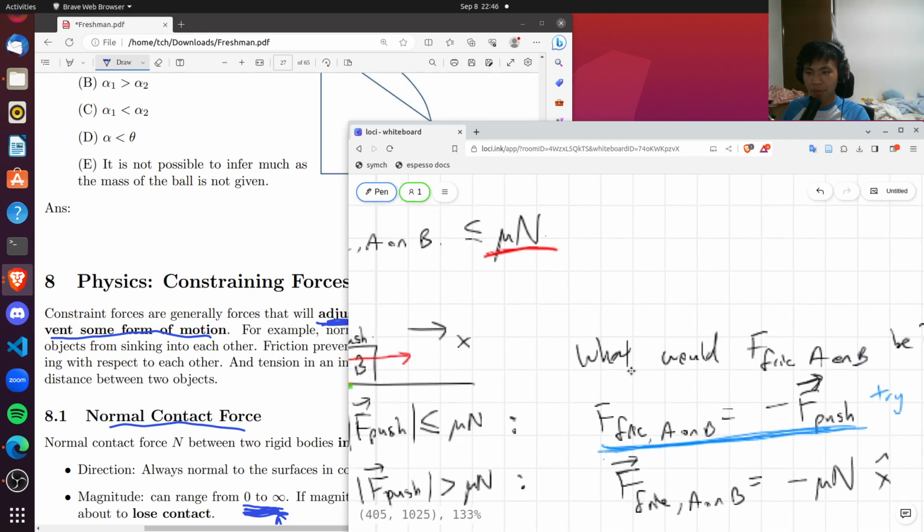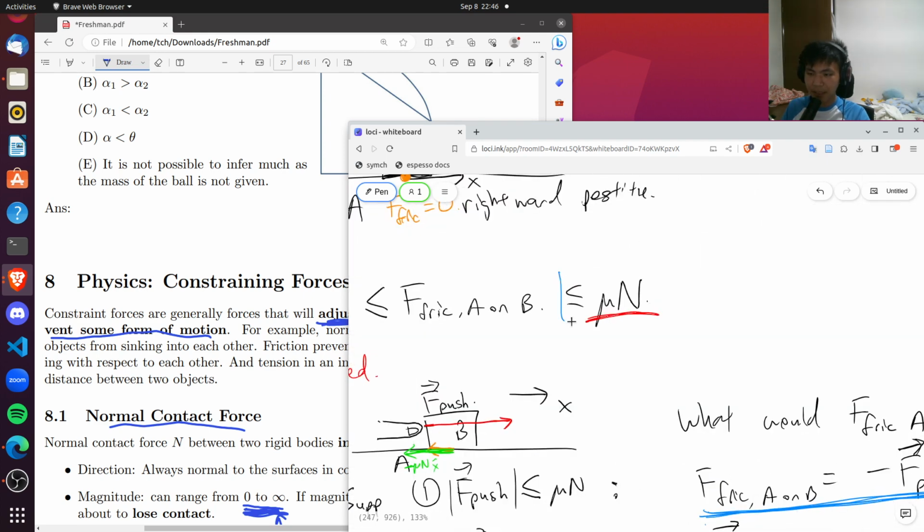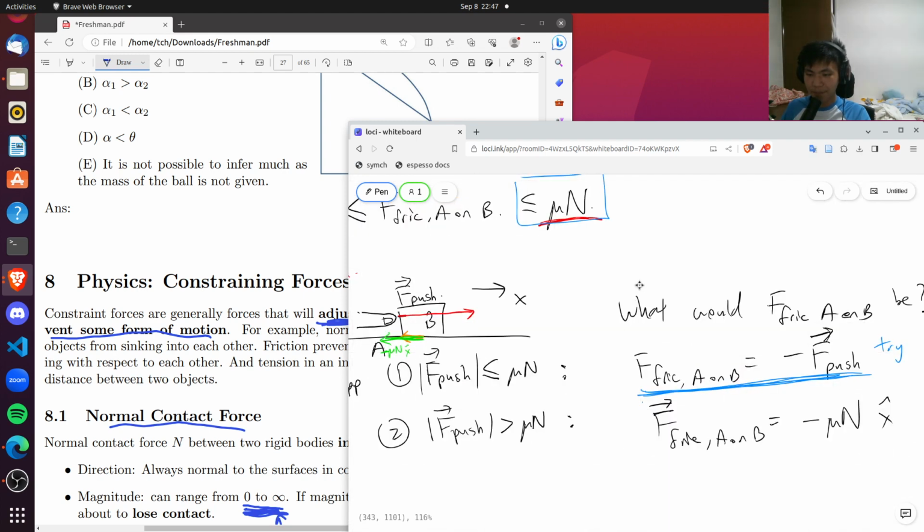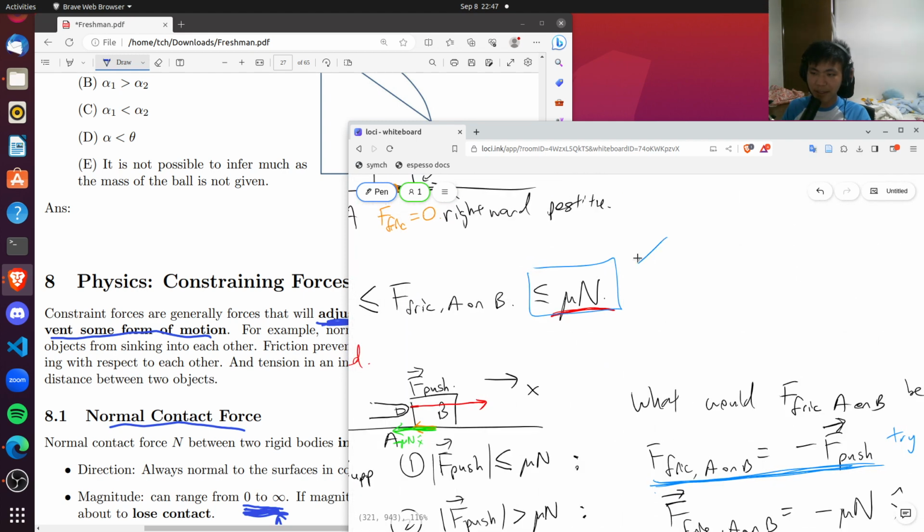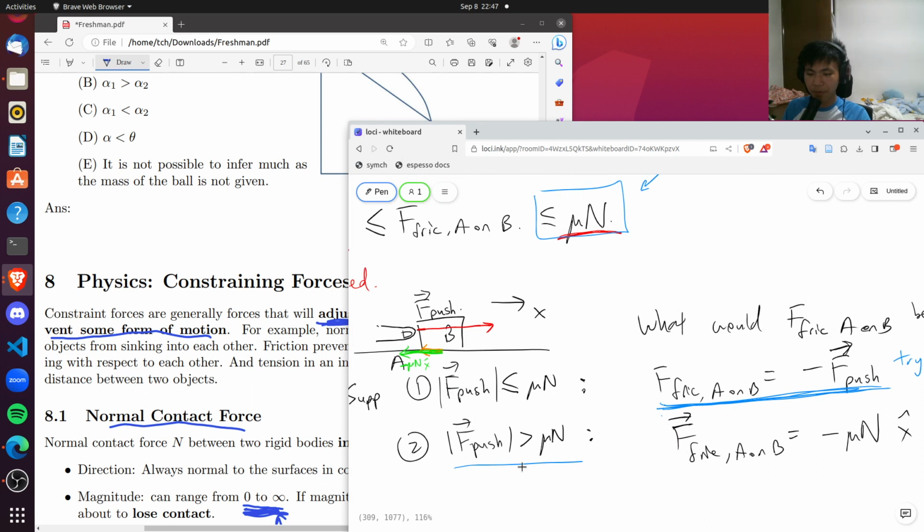But the moment it hits this limit, the frictional force is like, sorry, I've reached my maximum capability. I'm trying my best, but I cannot go any further. So it'll just hang in there. That's its best. And unfortunately, because the pushing force is greater than mu n, the object will move to the right. It'll accelerate to the right.